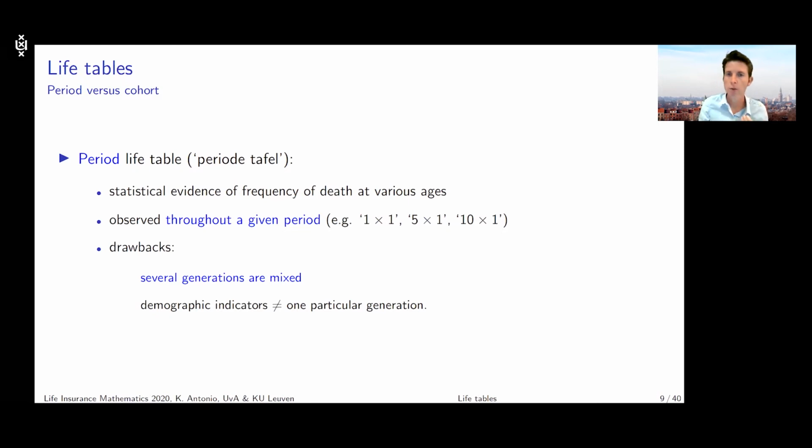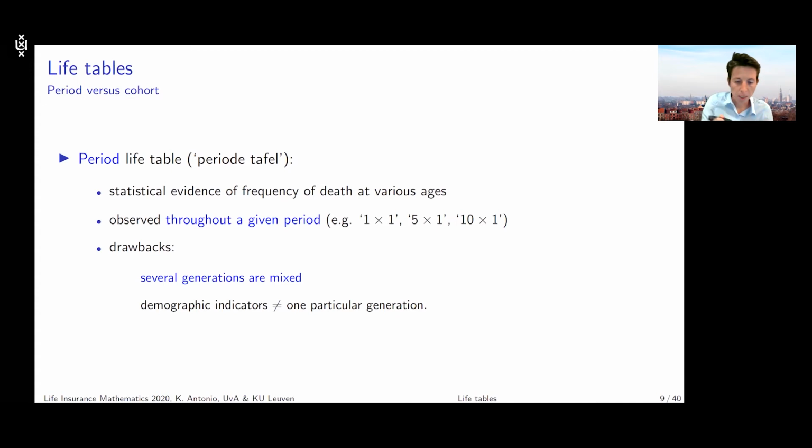If I want to calculate my expected future lifetime, and if I would be using the data from last year, for instance, then I need to use the p39, the p40, p41, p42, etc., which I can then use from the period life table from last year.